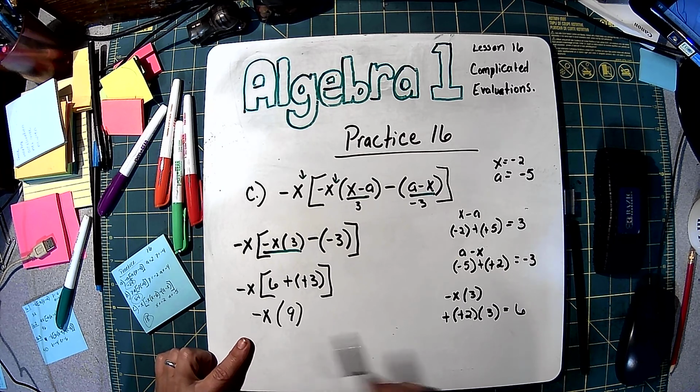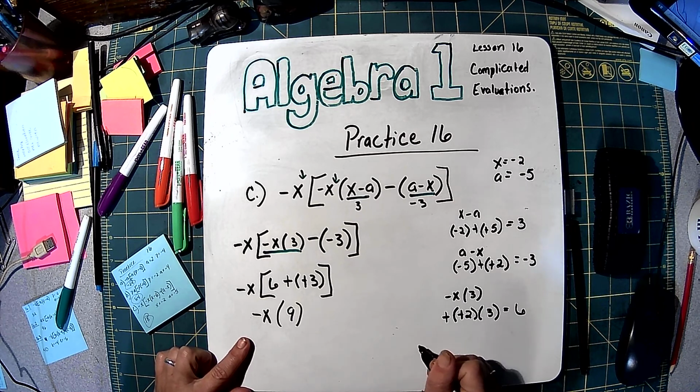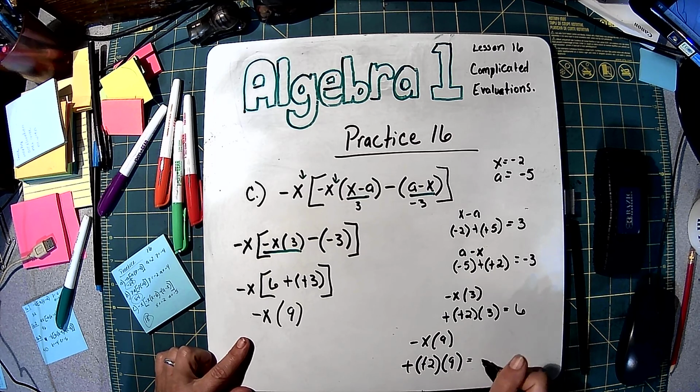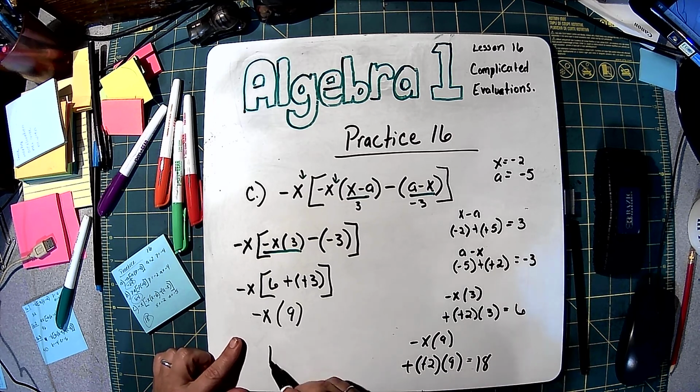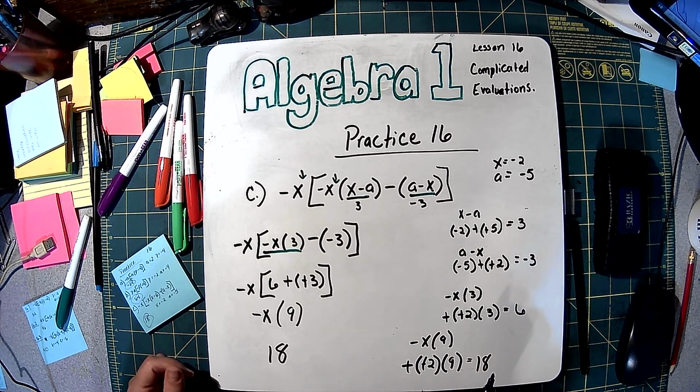Negative x is negative 2, so we're going to replace that: negative, and then our x is negative 2, and multiply that times 9. And these two cancel, so it's going to be positive. 9 times 2 is 18, so our answer is 18 on that one.